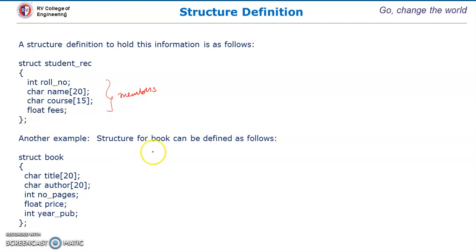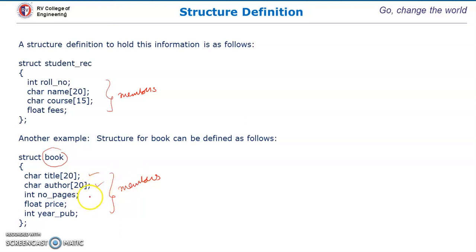Another example can be a book structure. The keyword is struct, the name of the structure is book, which should be a valid identifier, and these are again the members of the structure. The book contains title and author. The title will be a string value, so we need to take a character array, and the author name will also be a string, so we take a character array.